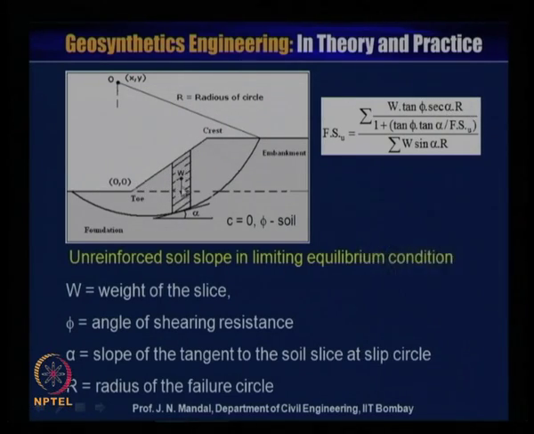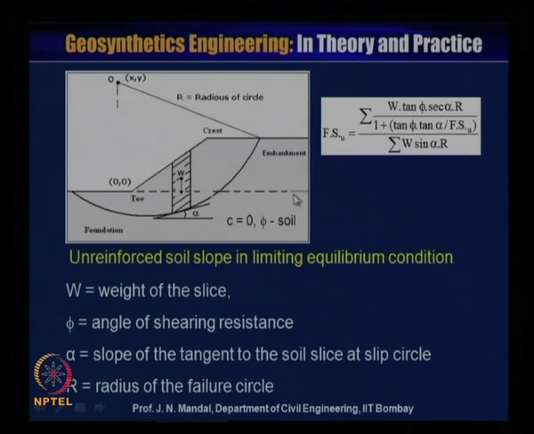This is the weight of the slice W, and phi is the angle of shearing resistance of the soil, and this is alpha. You can see the tangent to the horizontal, which is alpha. This is the slope of the tangent to the slip circle at the strip, and R is the radius.